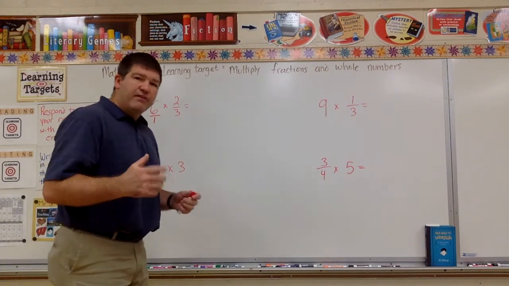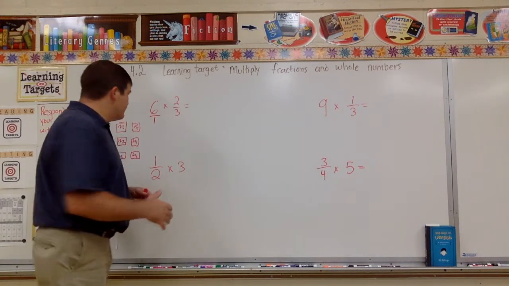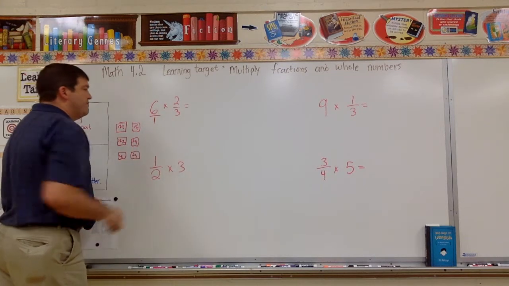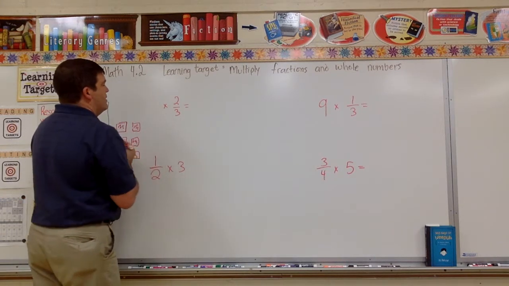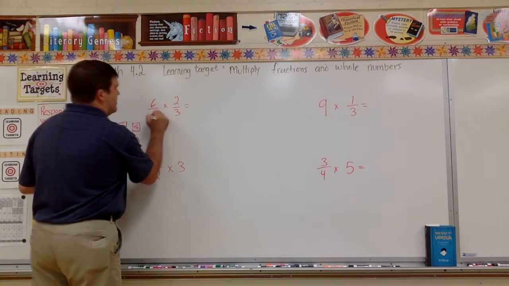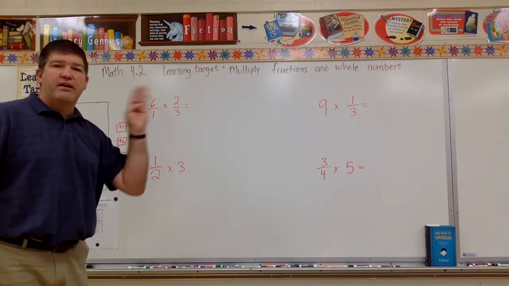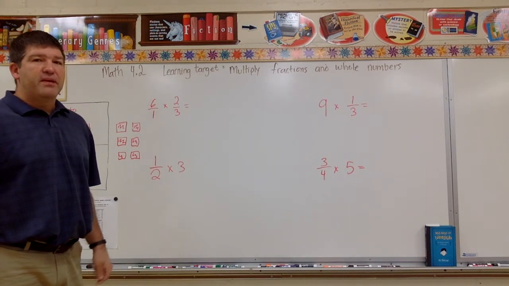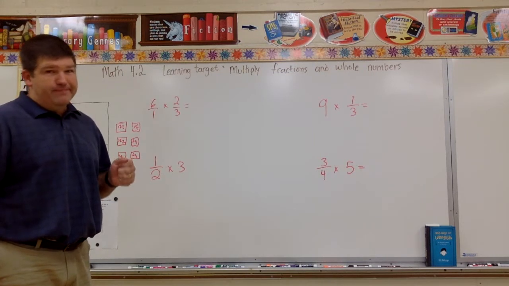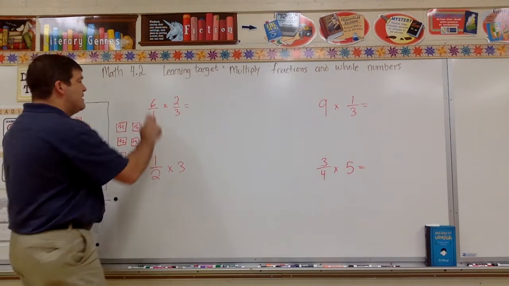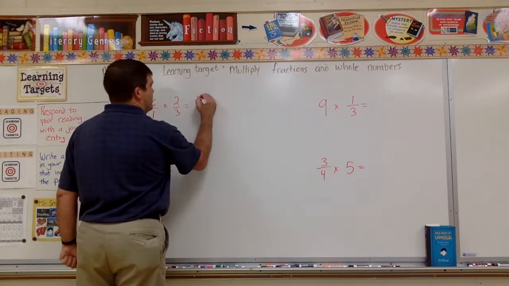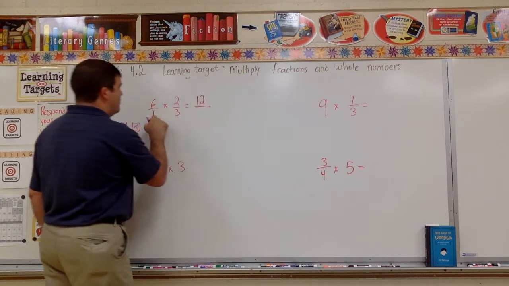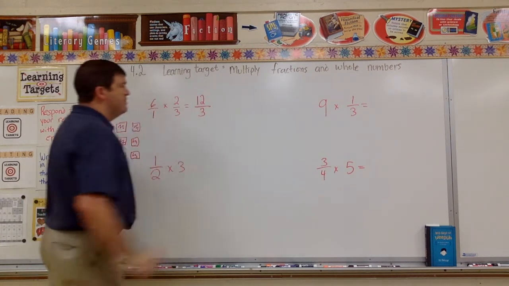But now that it's in fraction form, where it has the 6 over 1, then I just multiply across. And you know your multiplication facts, hopefully. This won't be a problem. 6 times 2 is 12. 1 times 3 is 3.